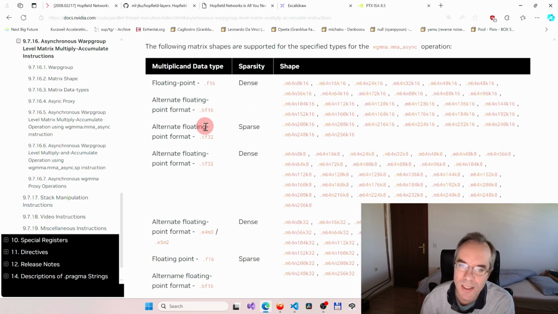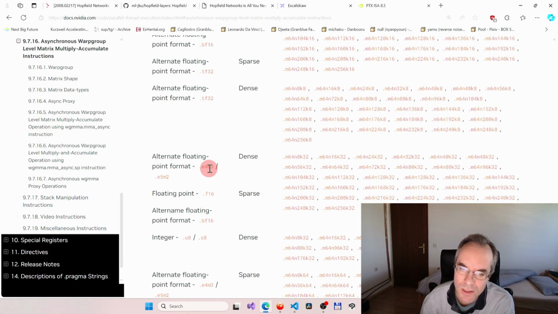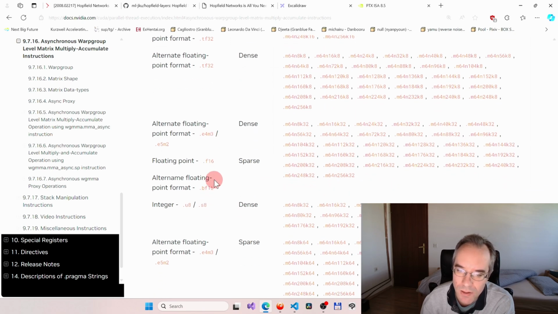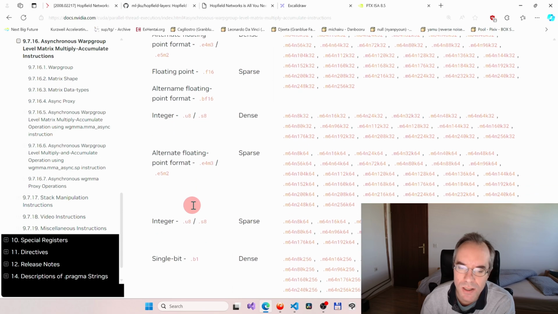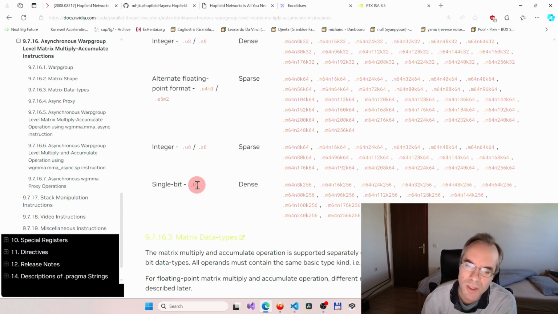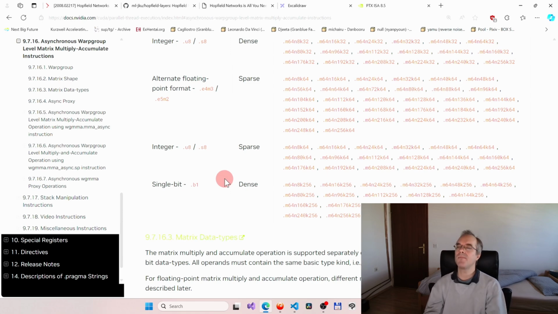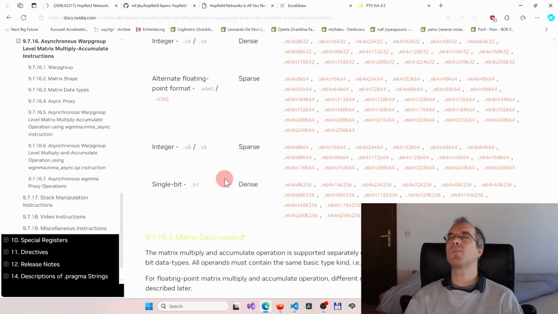And you can see the data types they support here, like true float 32, brain float 16. They support these 8-bit floating point data types for inference. They support the various sparse data types. They support 8-bit integers. And as luck would have it, they have this single-bit matrix multiply, which I'm guessing would be even faster than doing a bitwise and then using a population count.